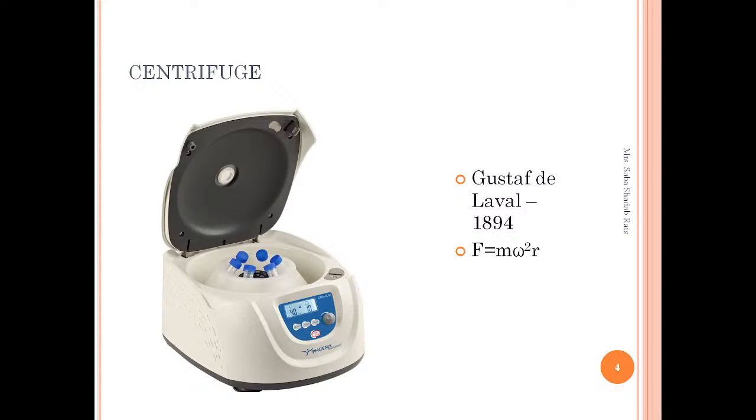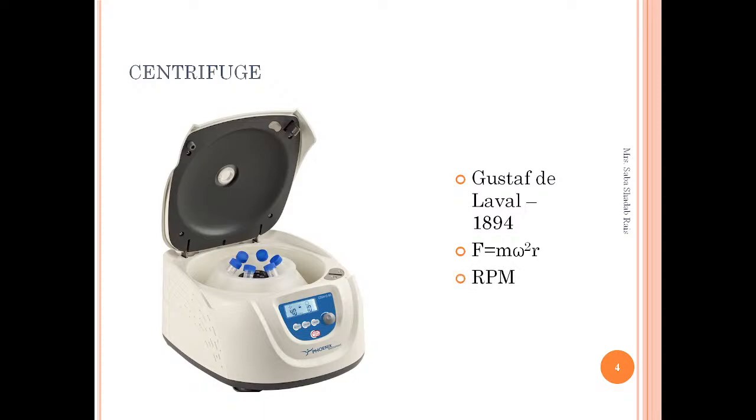The centrifugal force, being greater than the gravitational force, can separate portions of differing densities. It can be given as F = m omega square r, where F is the centrifugal force, m is the mass, omega is the angular velocity of the particle, and r is the radius. Now we need to remember two most important parameters.